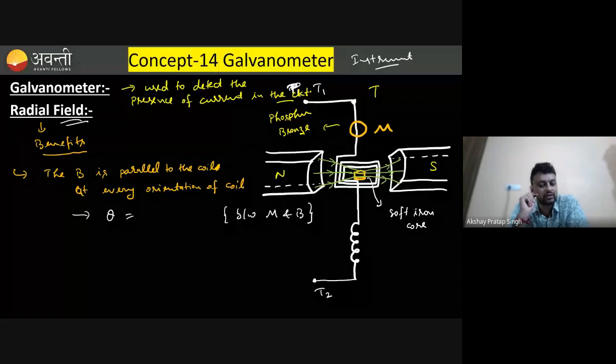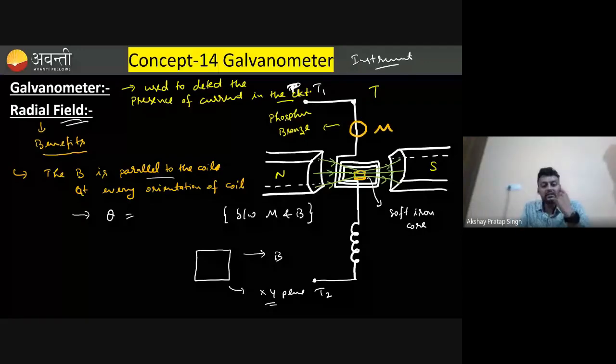Now, you are supposed to find the angle between magnetic field and magnetic moment. Magnetic field you know is either in the x or in the y. But whenever you find a current carrying coil, the magnetic moment will always be perpendicular to it. Are you getting my point?